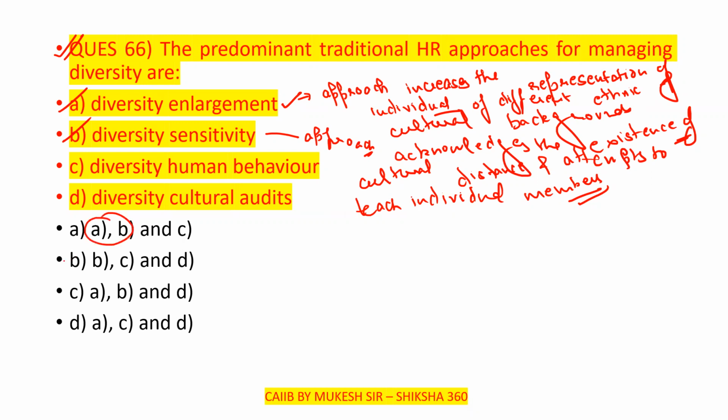So the answer is either A or C. Now diversity human behavior: is this correct or not? No, this one is not correct.